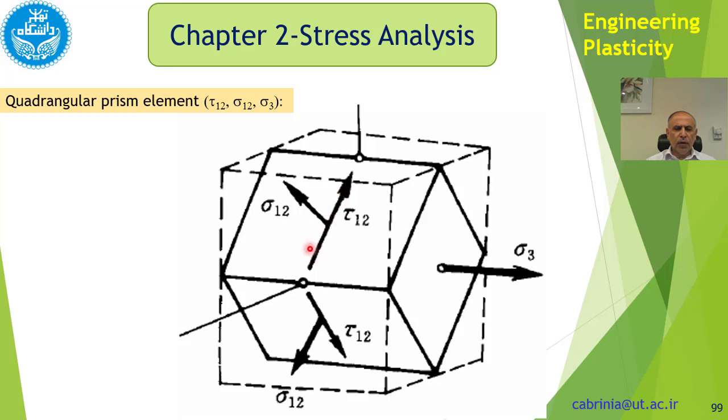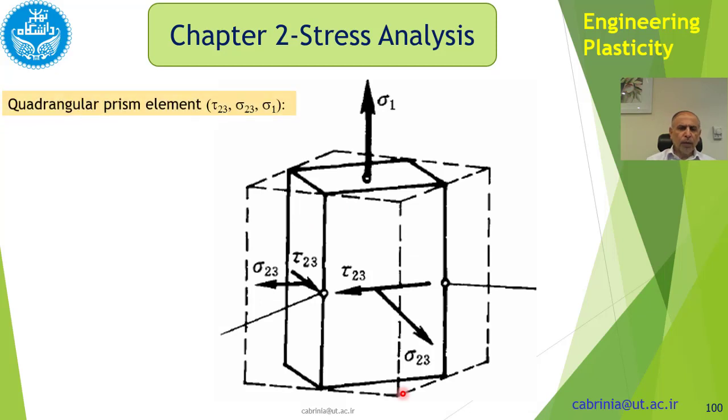Again, look, this is this plane, that was sigma 1, this was sigma 2, this is sigma 3. So on this prism, on the faces, we have sigma 1, 2, tau 1, 2 and sigma 1, 2.